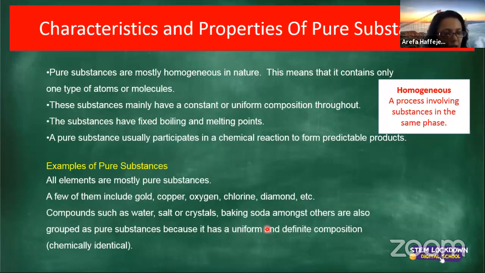These are salt, water, crystals, baking soda. Amongst others, they are also grouped as pure substances. Now, this is because it has a uniform and a definite composition. That means it is chemically identical. So when we say it has a uniform and a definite composition, we mean that it is chemically identical.